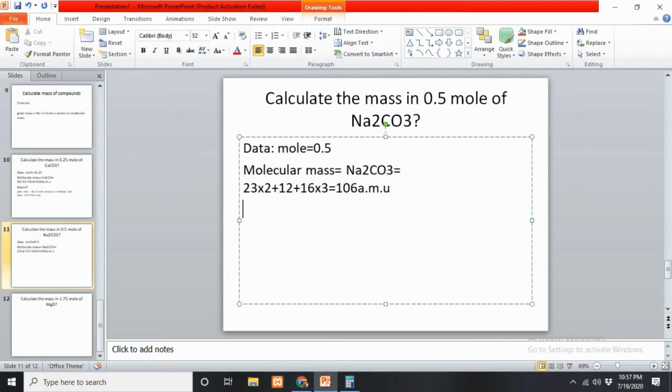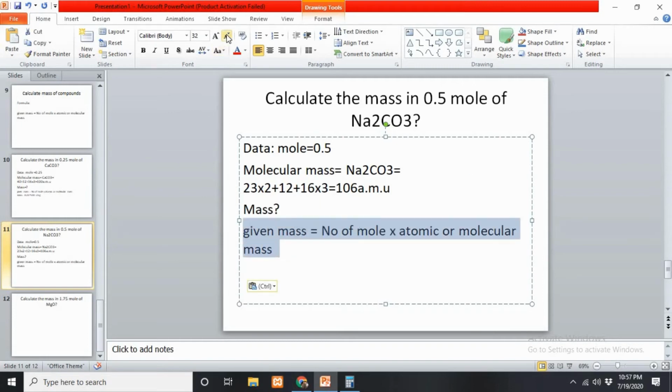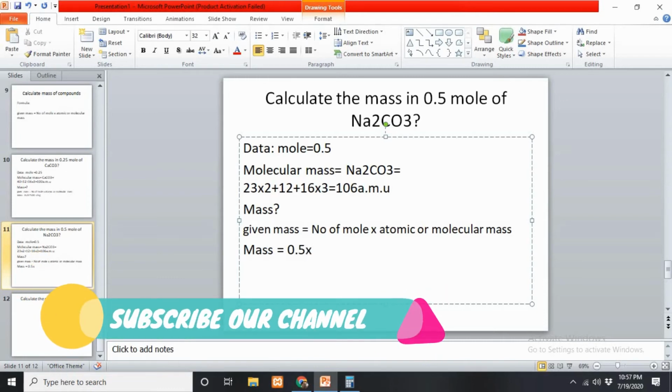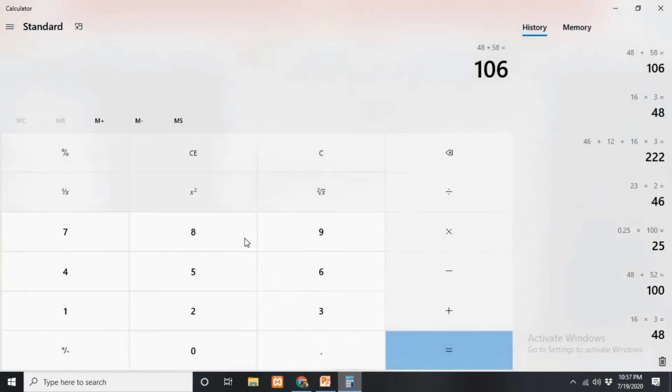Now the next thing we have to find is the mass. Just paste the formula that we have to use. Now mass is equal to number of moles, 0.5, times the molecular mass, 106. 106 multiplied by 0.5, the answer will be 53.